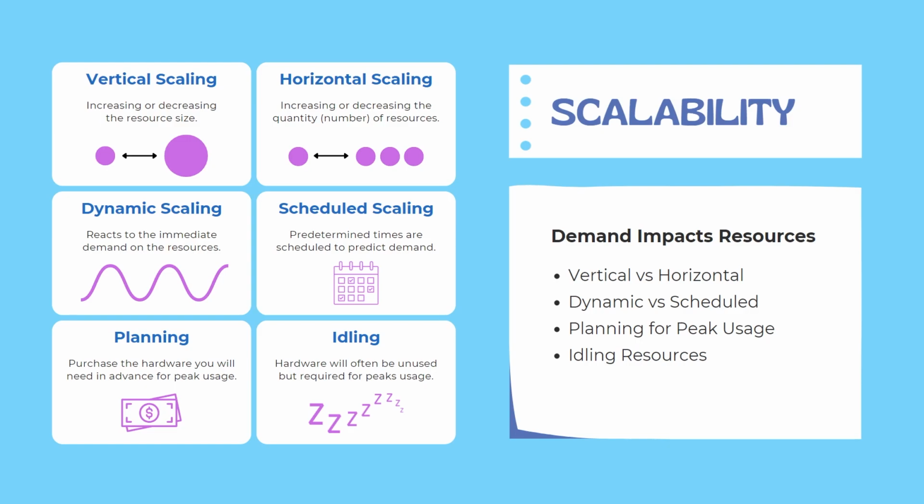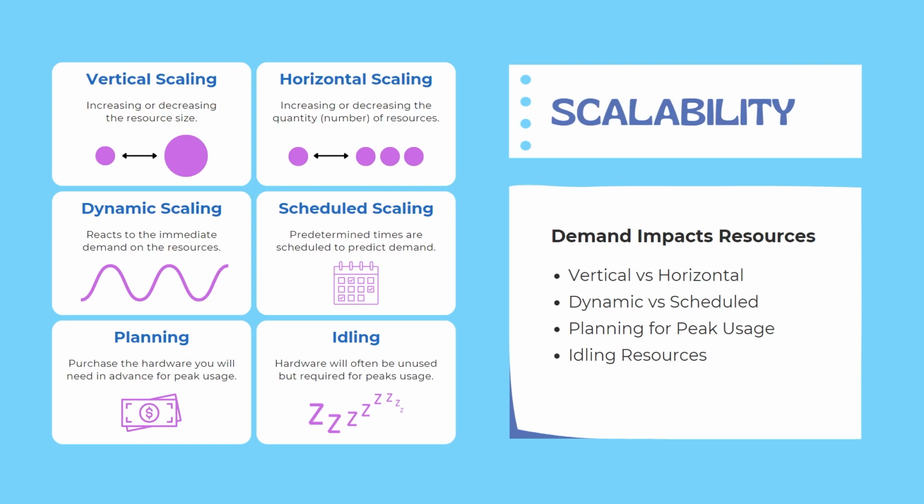So dynamic scaling is a way where we measure our resources. Let's say we look at how our servers are reacting to the amount of traffic that's coming through. Maybe it's through network requests or some type of CPU usage. And we say, okay, our CPU usage is high on the server, and then we should be adding more resources to accommodate this traffic.